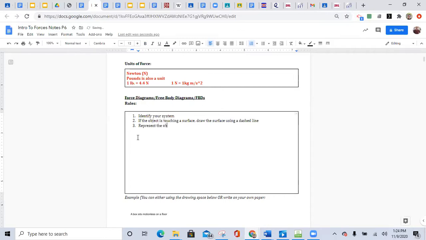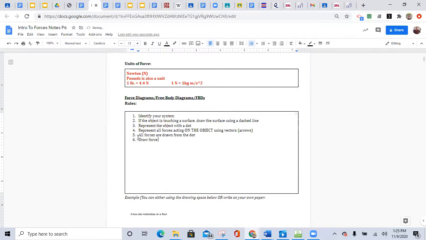Represent the object with a dot, and represent all forces acting on the object using vectors, which we represent with arrows. All forces are drawn from the dot, not going into the dot. They must be going from the dot.